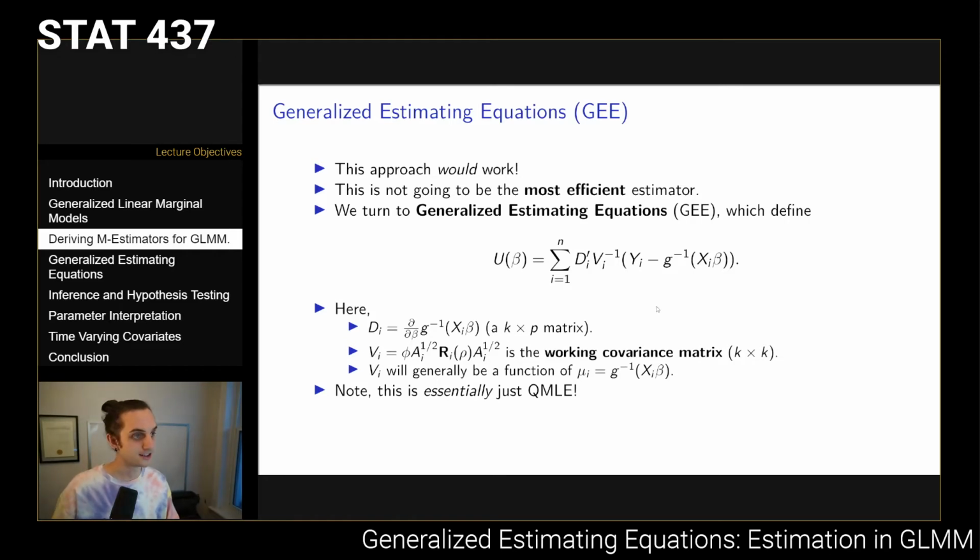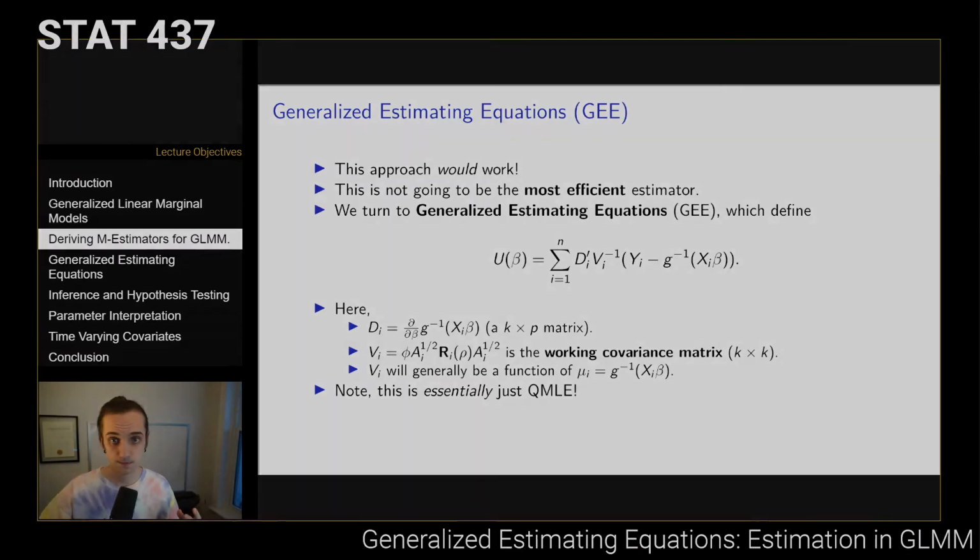Out front, in a quasi-maximum likelihood estimator, we have the derivative of mu with respect to beta, which is exactly what D is. D here just happens to be multivariate, but it's the same thing. Then we multiply by the inverse variance that we've specified. And then we multiply by the difference between our observed value and the mean of our specified model.